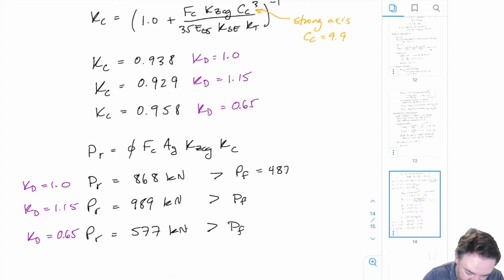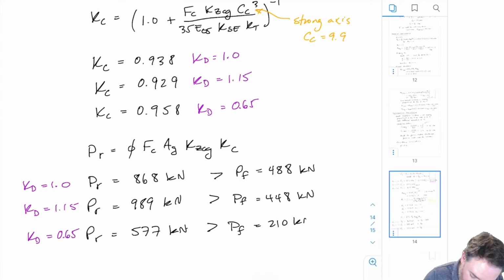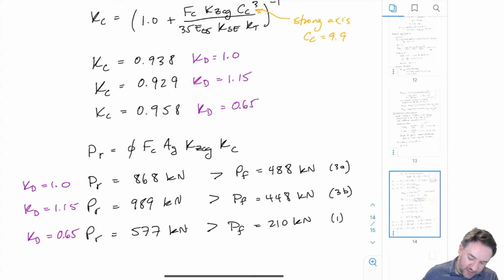So I had 487, sorry, that's 488, 448 and 210, and this one was 3A, this one was 3B, and this one was load case 1. And they all satisfy, so compression resistance is fine for all the cases. That's compression resistance done.